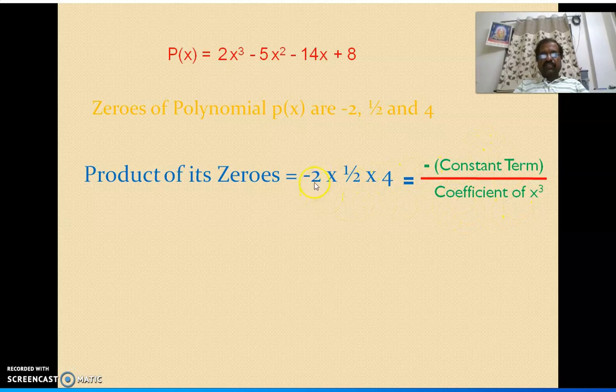So the 2 will cancel, minus 1 will remain. Minus 1 into 1 into 4 is equal to minus constant term, which is 8, by coefficient of x cube, which is 2. So minus into plus, minus 4, equals minus 4.